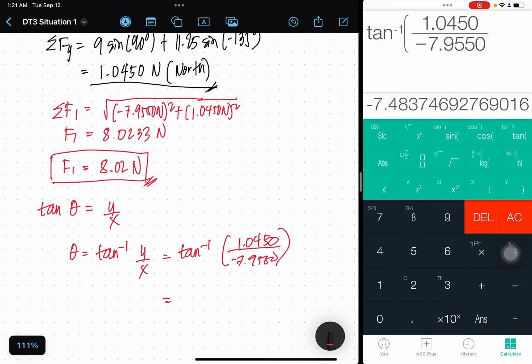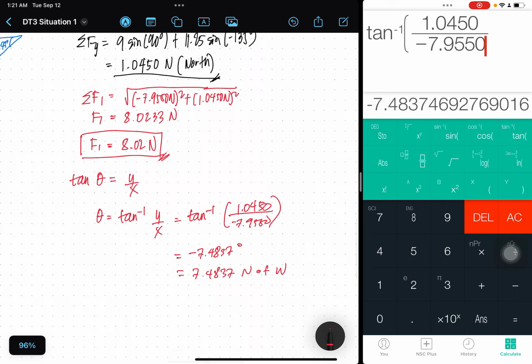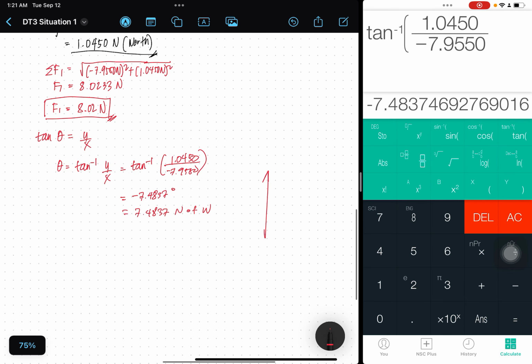So, our angle becomes 7.4837 degrees, north of west. So, kung pag sinabing north of west, north muna, tapos papunta siya kay west. Okay? Baliktad. North, tapos papunta kay west. Paangat konti, pa ganyan. So, ang tinutukoy na 7 point something dyan ay ito, 7.48.